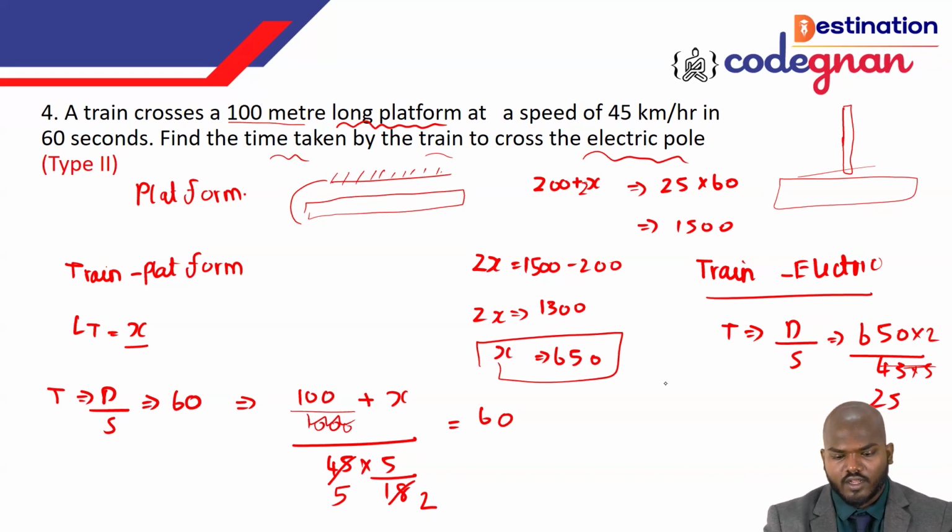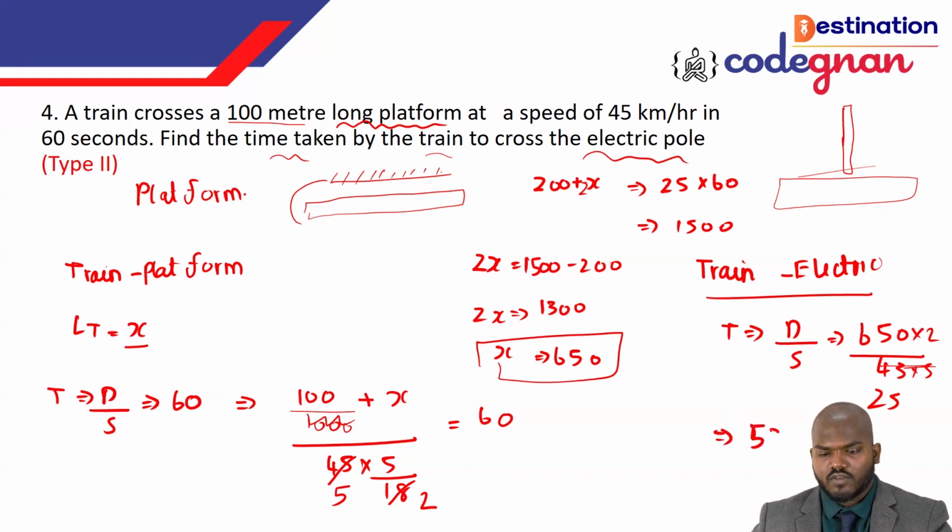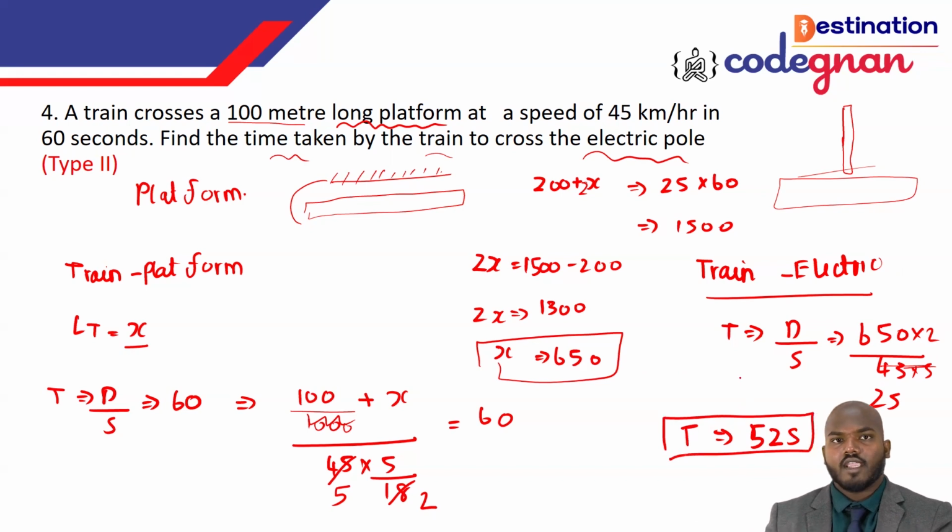Resolving this, guys, the final answer is 52. So the time taken for the train to cross the electric pole is 52 seconds.